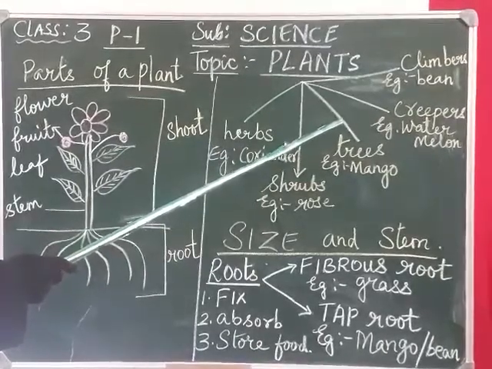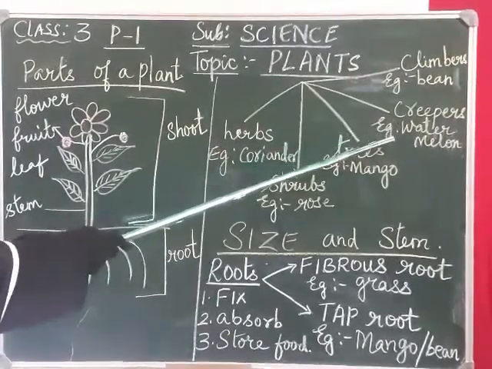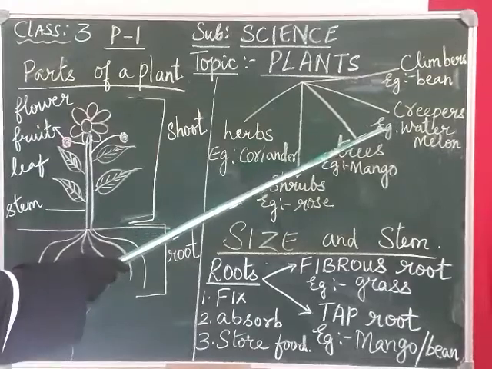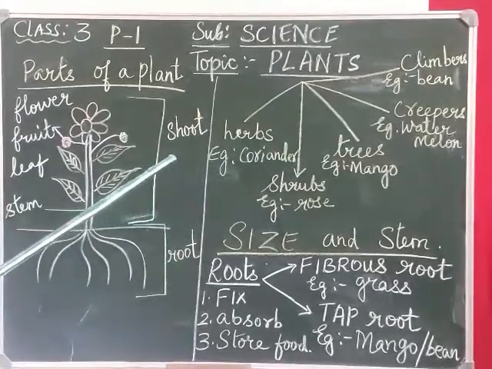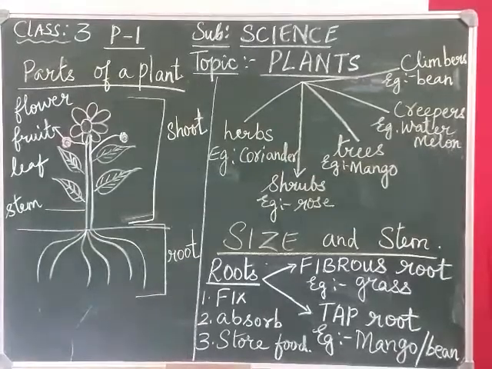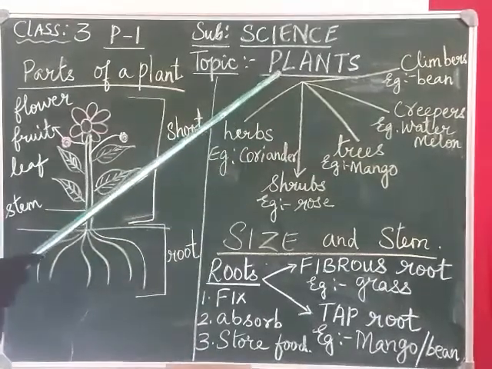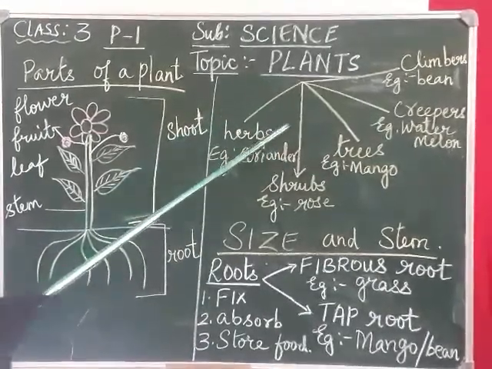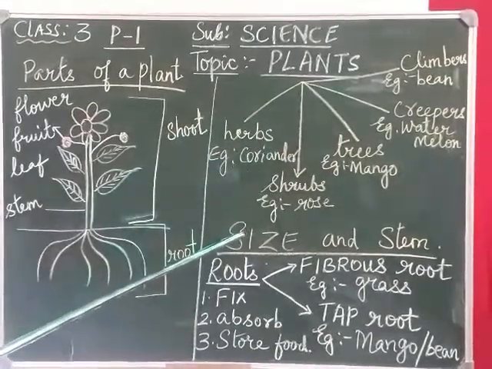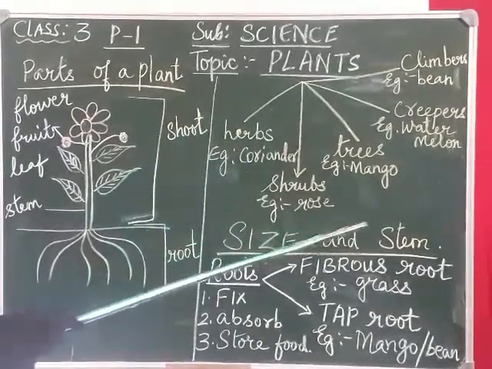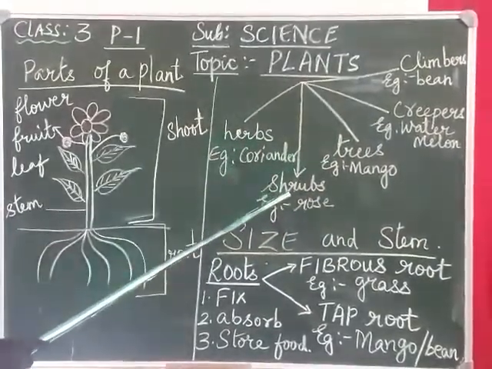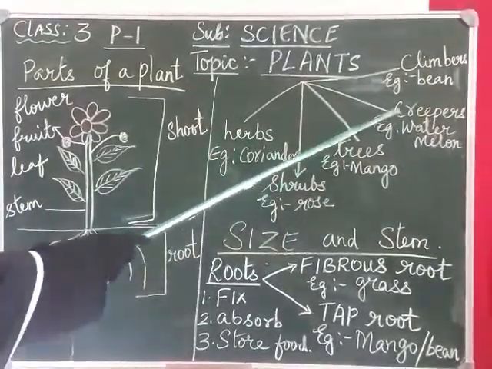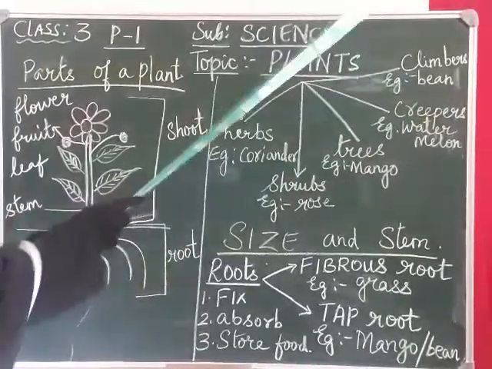Example, the money plant, which most of the people keep in their houses. So, plants are divided into 5 types depending upon the size and their stem. They are herbs, shrubs, trees, creepers and climbers.